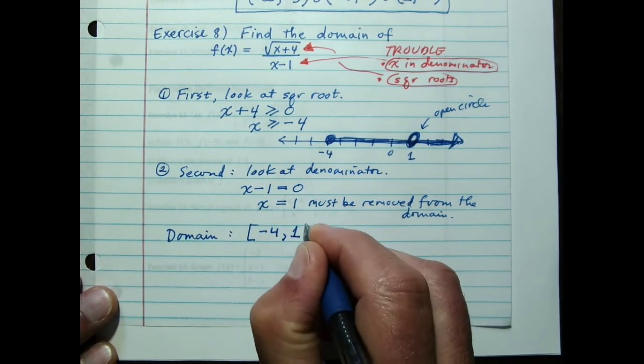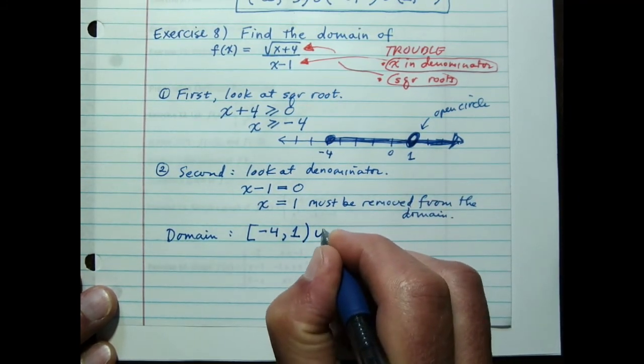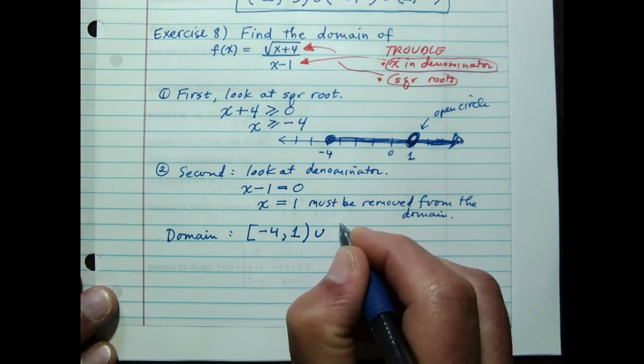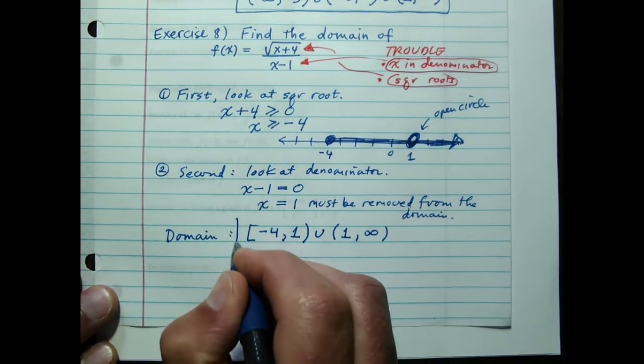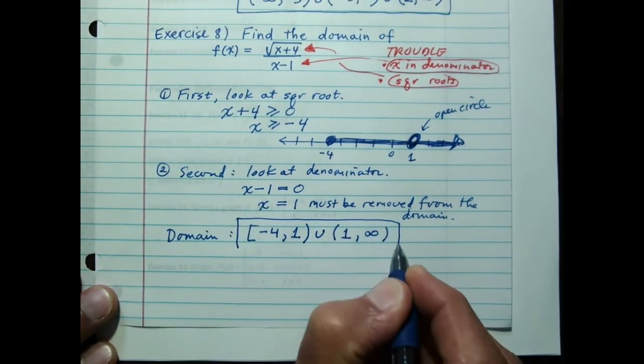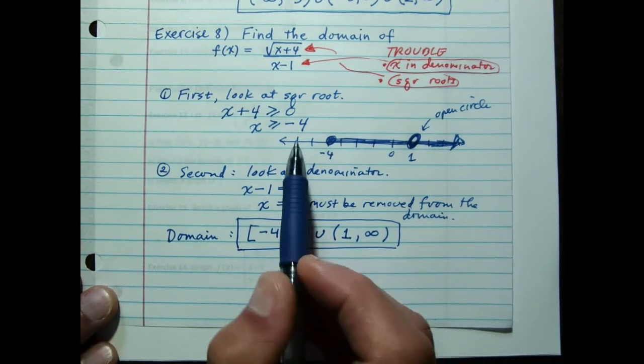I go all the way to 1, parenthesis, because 1 is not included. A union symbol in between that and the next piece. We start up again at 1 with the parenthesis to infinity. And there's my interval notation way of expressing the domain of this function.